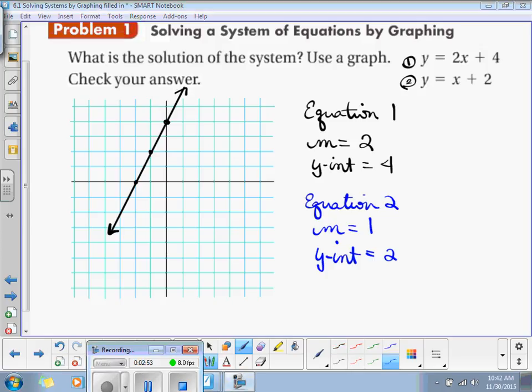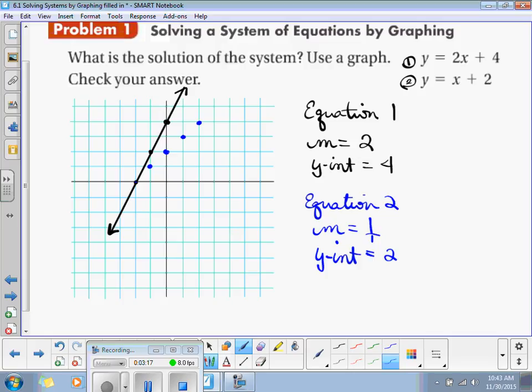So now we're going to graph the second equation. Again, we start at our y-intercept, which is 2. And my slope tells me to go up 1 to the right 1, up 1 to the right 1, up 1 to the right 1. Or we could go down 1 to the left 1.